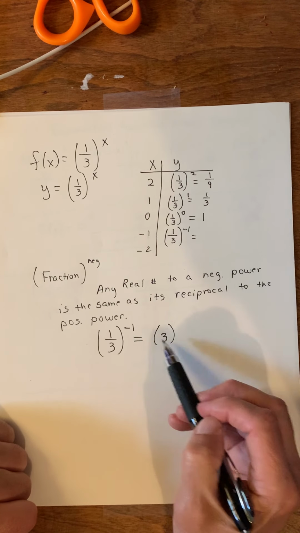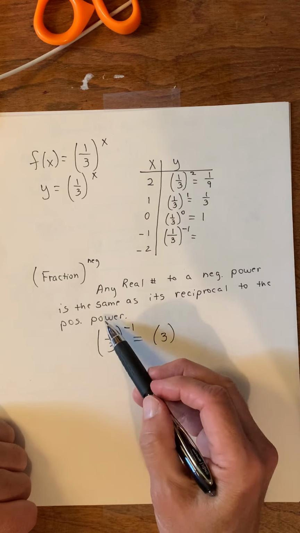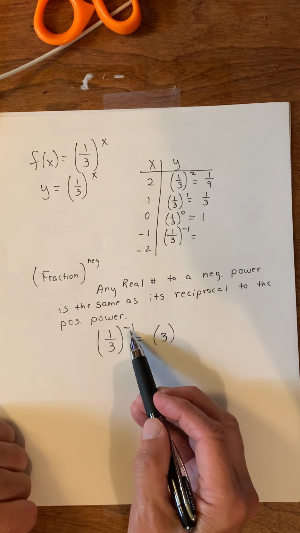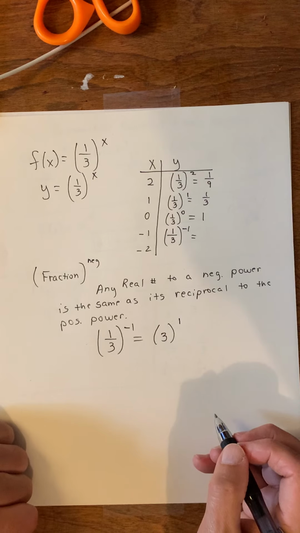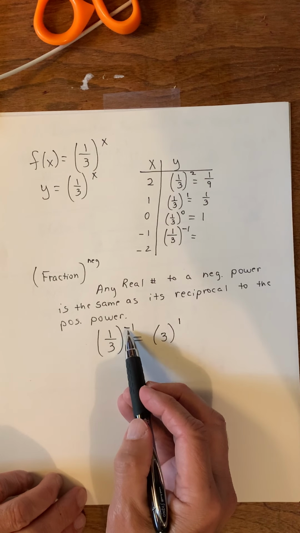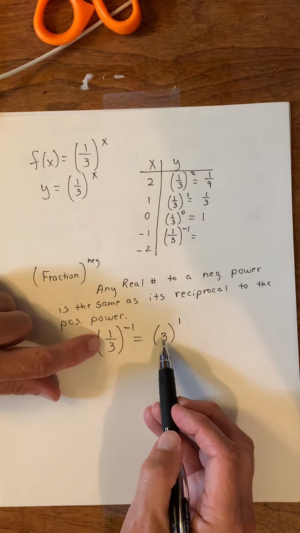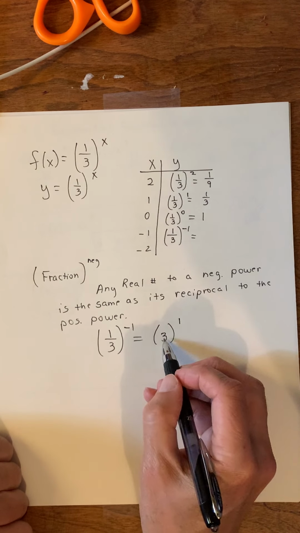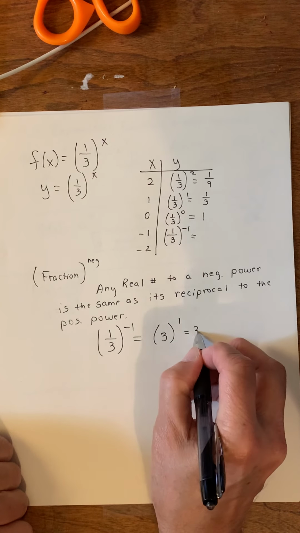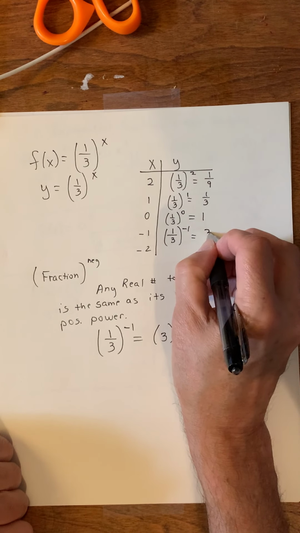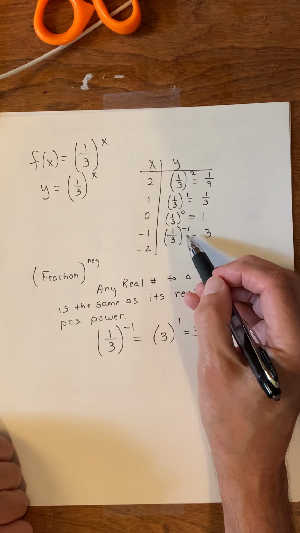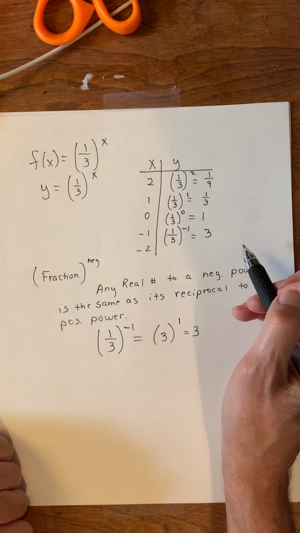Is the same as its reciprocal to the positive power. So -1 becomes +1. So any number to a negative power is the same as its reciprocal to the positive power. What's 3 to the first power? Why, that's 3. So 1/3 to the -1 power is simply 3.